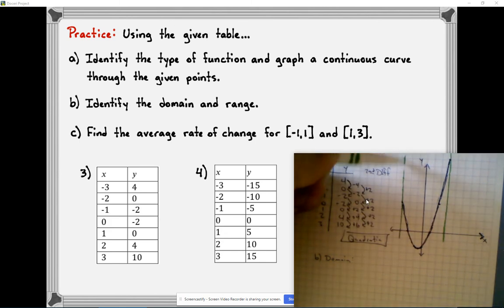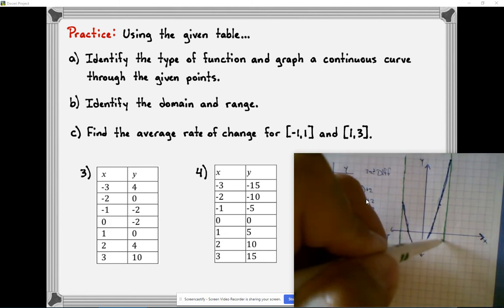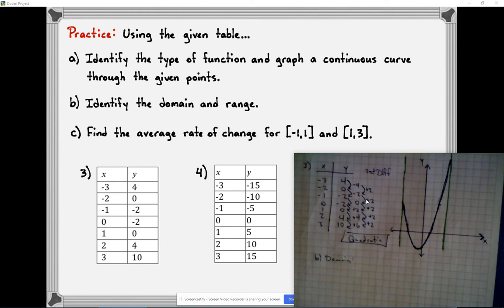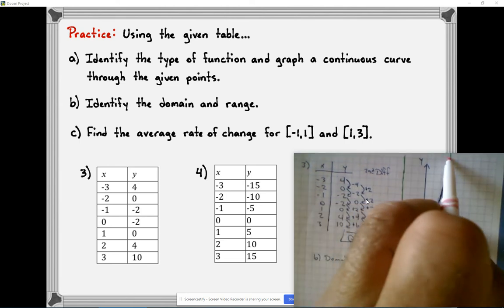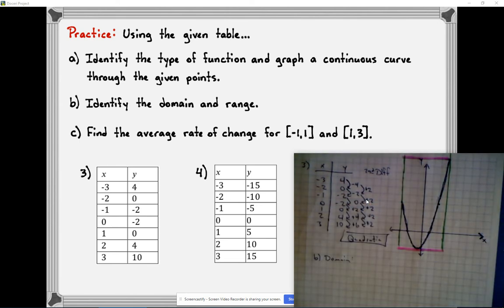And in fact, I'm just going to go ahead and draw the box in its entirety. So the green lines are side to side, from the left to the right, a left-hand line and a right-hand line. And then the pink lines that I'm drawing here are the low and the high. And so because we drew a box around it, we can see the domain and the range easily.